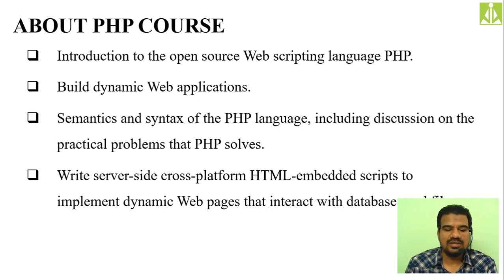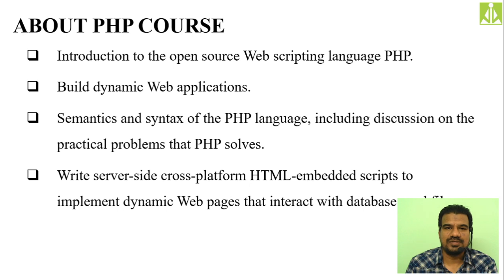About this PHP course, it is completely open source. Hypertext processor or PHP scripting is completely open source. Open source means it is free to use. Anybody can download these PHP compilers or PHP processors from the internet, and you can start scripting on your own.